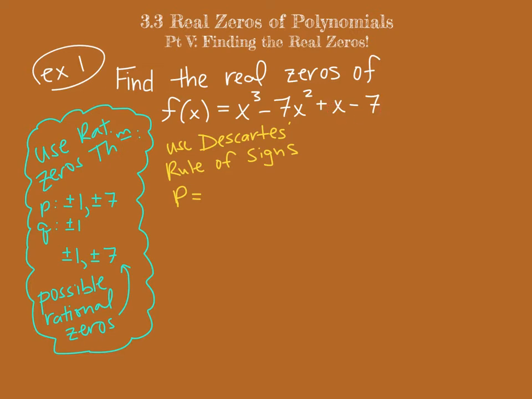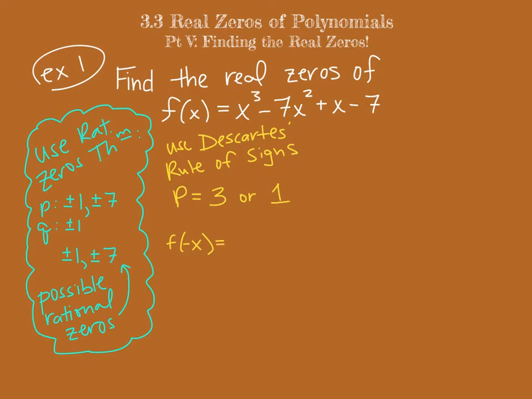So the number of positive real roots could either be 3 or 1, since we had 3 sign changes in f of x, and then we can go down by 2. Then we want to find f of negative x, and that'll help us find how many negative zeros we could have.